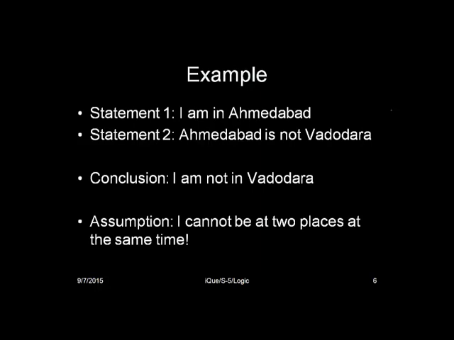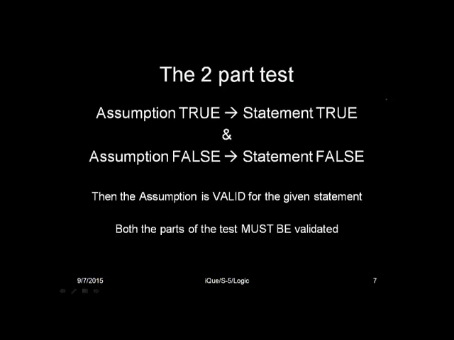So, there is something known as the 2-part test which I try to follow when trying to identify whether the given assumption is valid or not. First, I say, let the assumption be true, and I check, is the statement or the conclusion being derived true as well? If yes, then I move on to the second part where I assume that my assumption is false. Now, by changing the validity of the assumption, is the validity of my statement or conclusion changing?